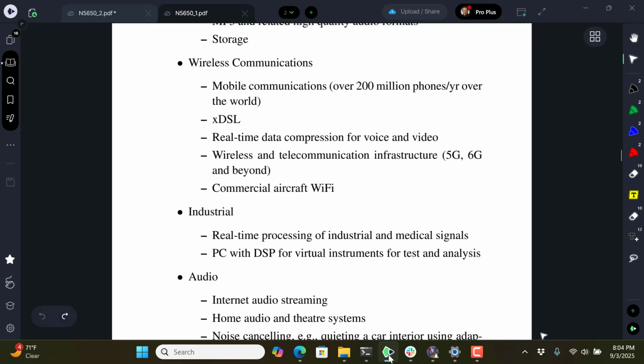Clearly big areas, mobile communications, using cell phones, over 200 million phones per year over the world. That's quite a few years old, that number, so I'm sure it's at least that large. Real-time compression for voice and video, things that we rely on a lot.